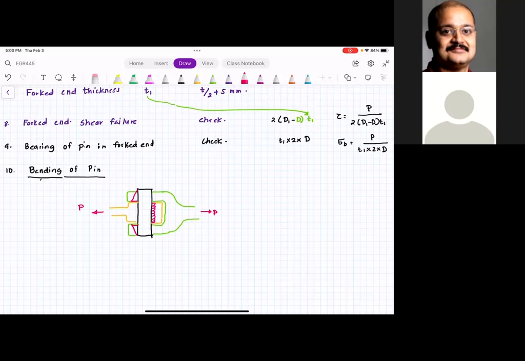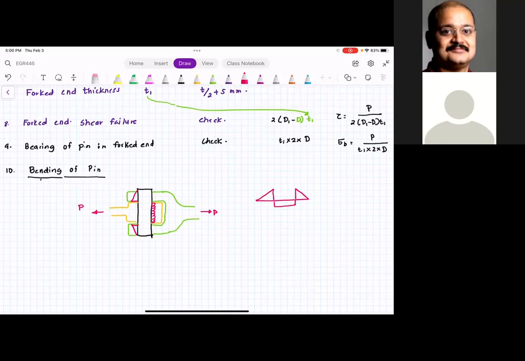If I were to draw the free body diagram, I'm going to get a loading something like this. Do you agree with me that this loading pattern is the same as the cotter joint loading? Are you with me so far?